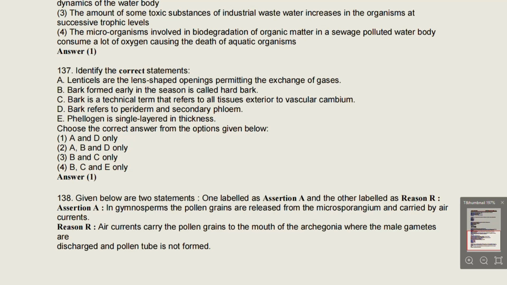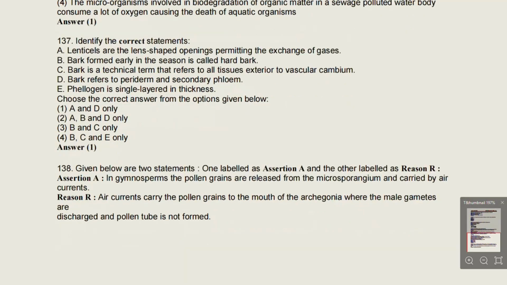Bark is a non-technical term that refers to all tissues exterior to the vascular cambium. D. Bark refers to periderm and secondary phloem. This is correct. E. Phellogen is single layer in thickness. So this is also incorrect. Phellogen has several layers and is mainly composed of rectangular cells with thin walls. So the answer is option first, A and D only. So this question is taken from Unit 4, Plant Physiology, Chapter 12, Respiration in Plants.